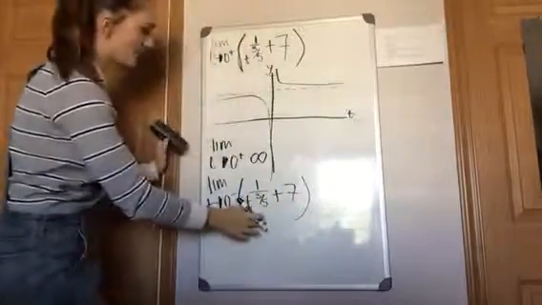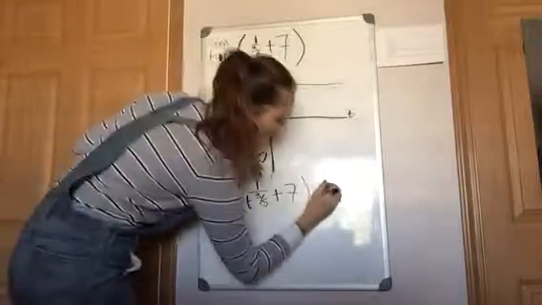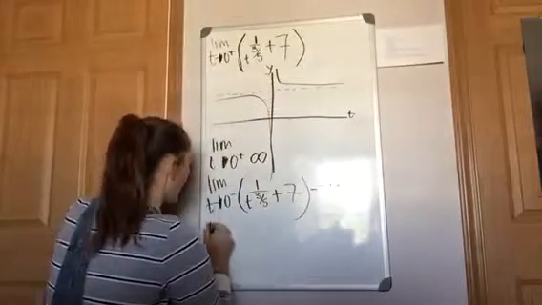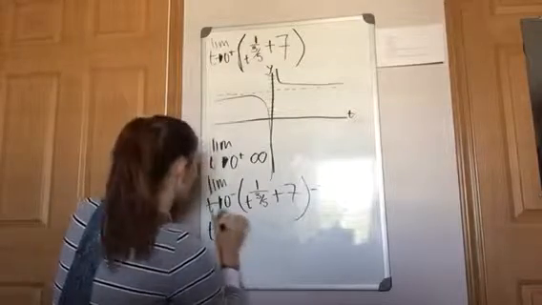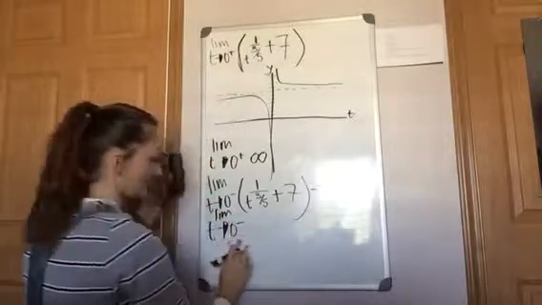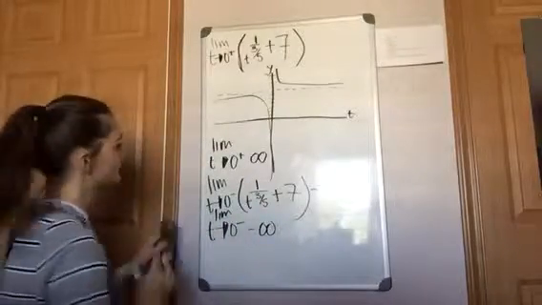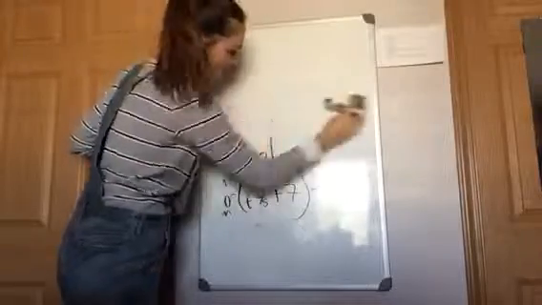So, if we're coming to 0 from below, we get negative infinity. So, our answer is the limit as t goes to 0 from below is negative infinity. So that was number 6 and 7.